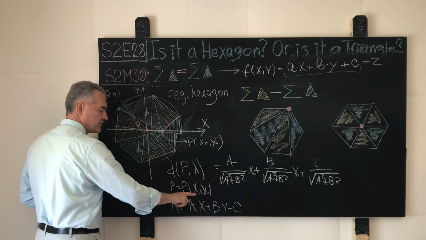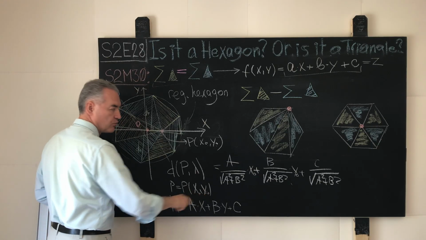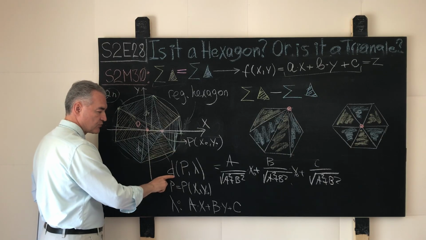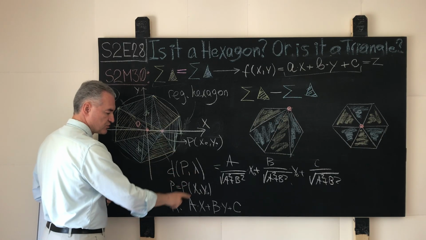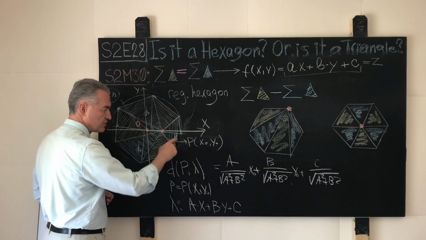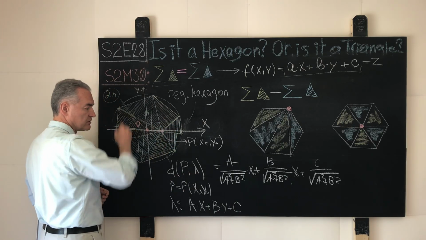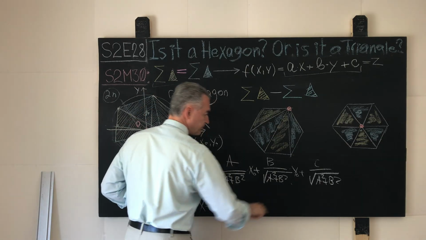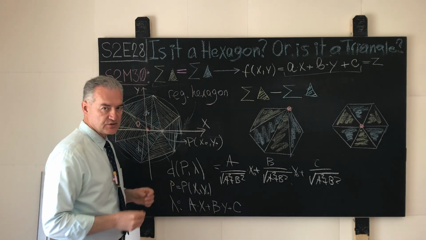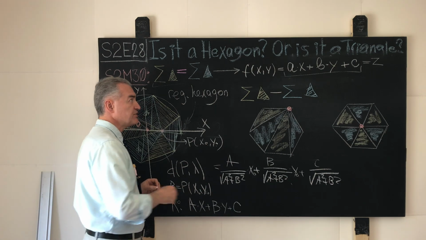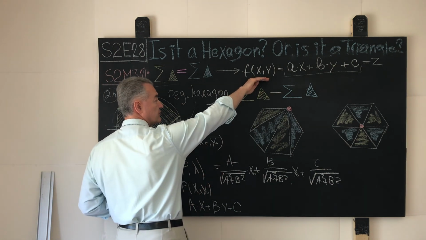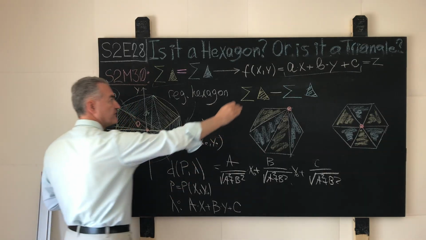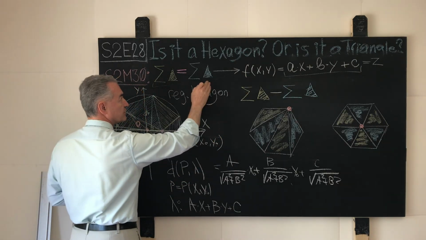The point P has coordinates x0, y0, and as we showed in the previous segment, the distance from the point P to the straight line, let's say lambda, which represents each side of our regular hexagon, will be this one, and the distance shown over here perfectly represents the affine function in two variables. And how is this affine function in two variables connected to our areas?